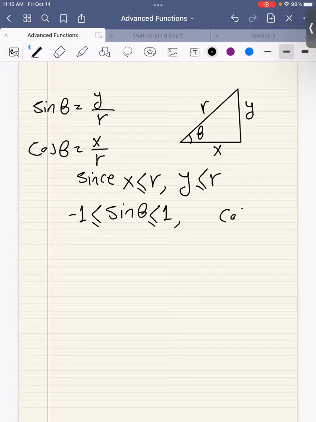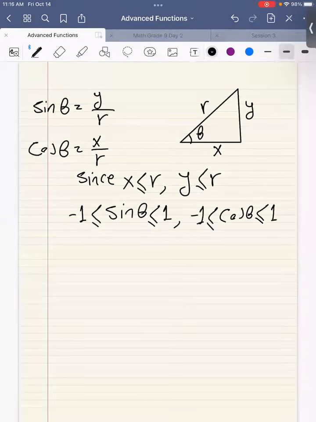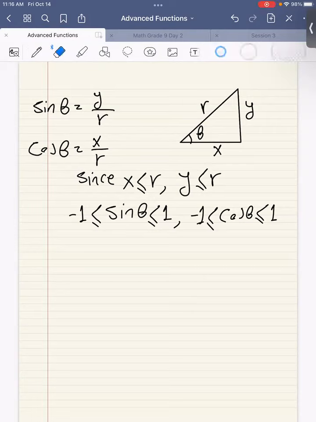So remember this, the values of sine and cosine are in the interval -1 to 1. Sine and cosine cannot have values like 2, 10, or -4. They're always between -1 and 1. This is super important.